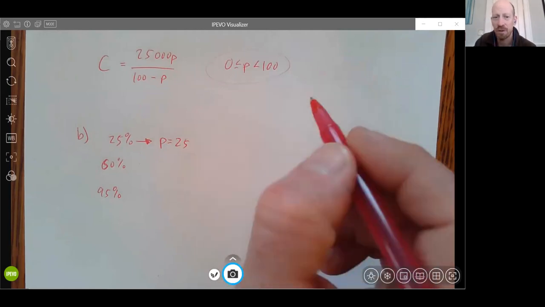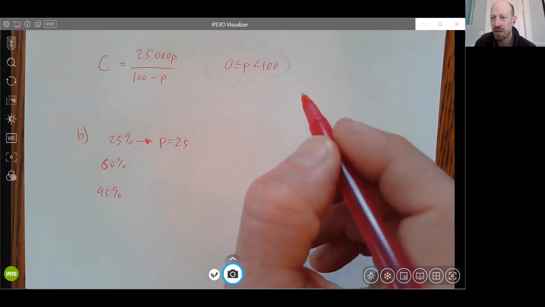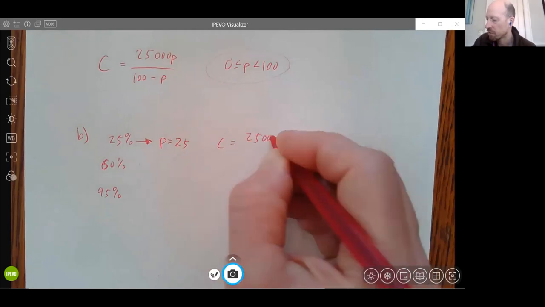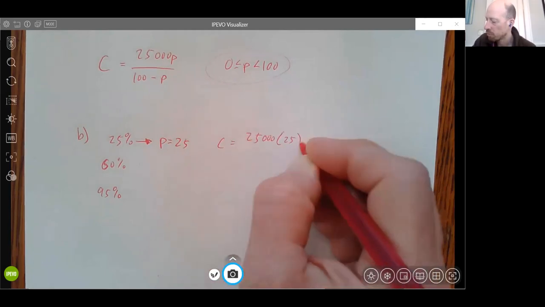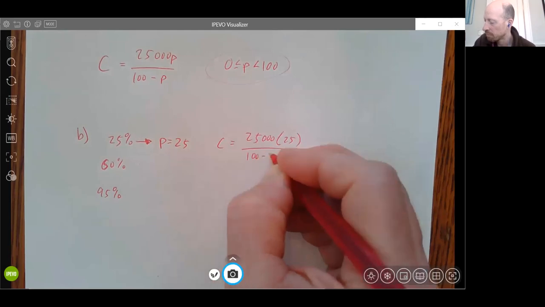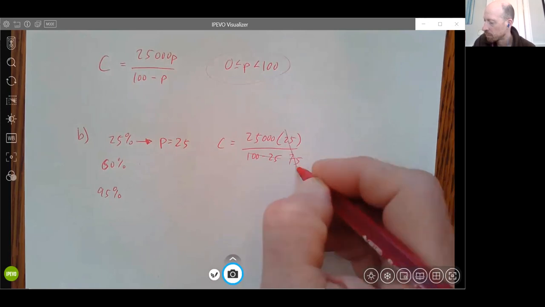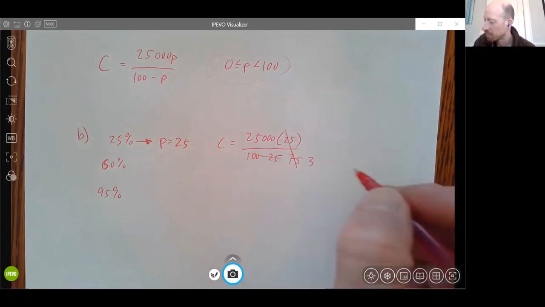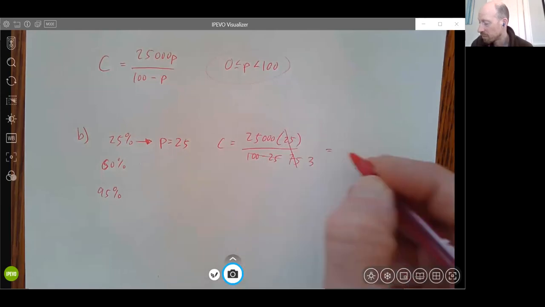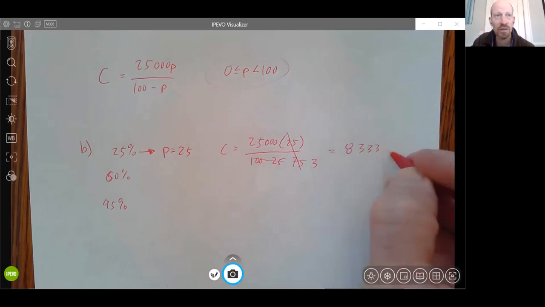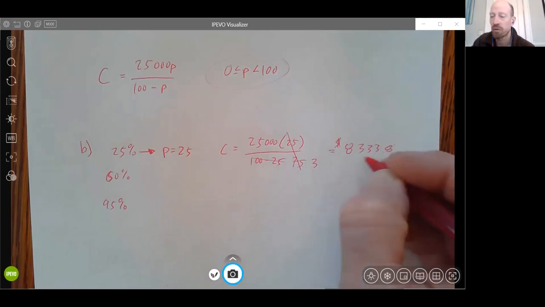We're representing that with 25 when we change that into P. So the cost would be 25,000 times 25 all over 100 minus 25. So that's 75. 25 divided by 75 is 1/3, so 25,000 divided by 3 is $8,333.33. Rounded to the nearest dollar, $8,333.